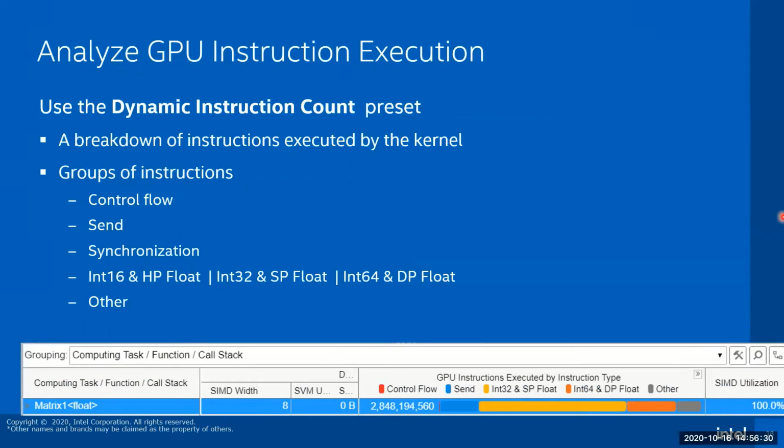Another flavor of characterization is dynamic instruction count, or you can call it preset. So actually, it's collecting the information about the instructions being executed in your kernel, and it groups that by type of instructions, which are control flow, send, synchronization, executing like int, float, and different sizes of these operations, and some others.